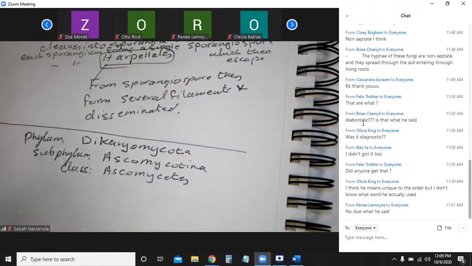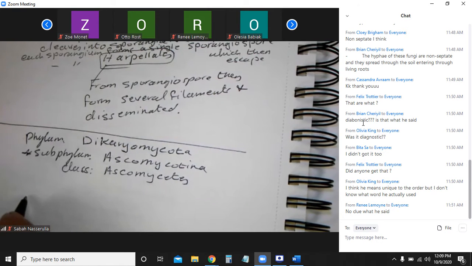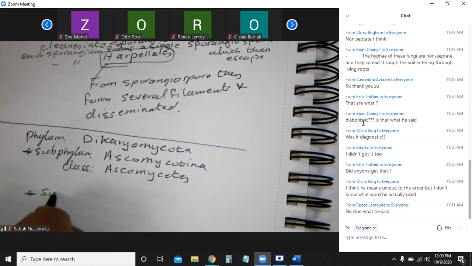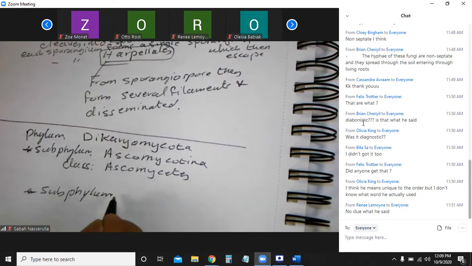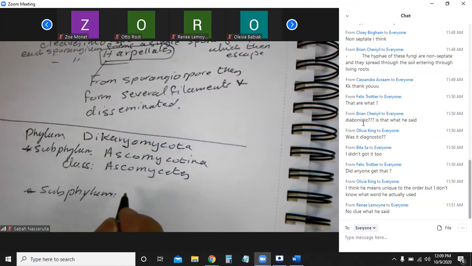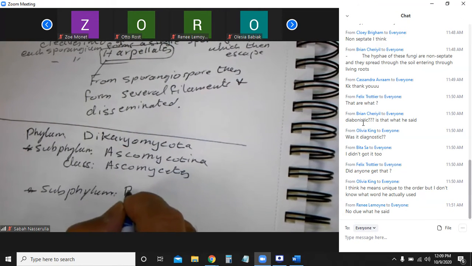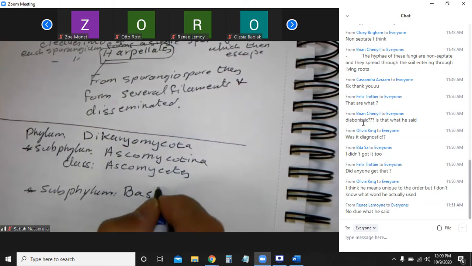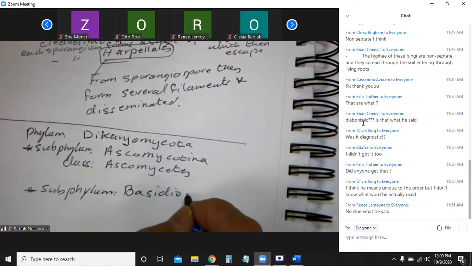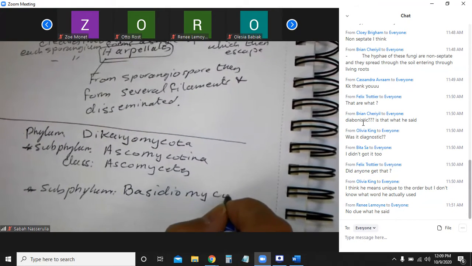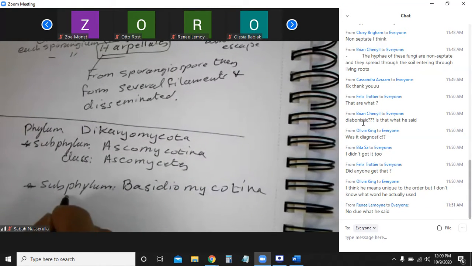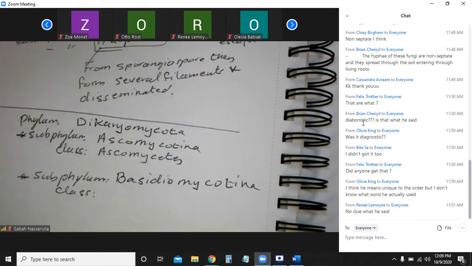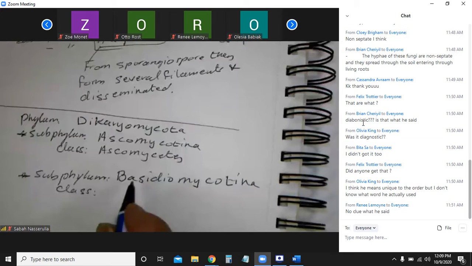The other subphylum, there are two subphyla in this group, is Basidiomycotina, and the class in it is known as Basidiomycetes.